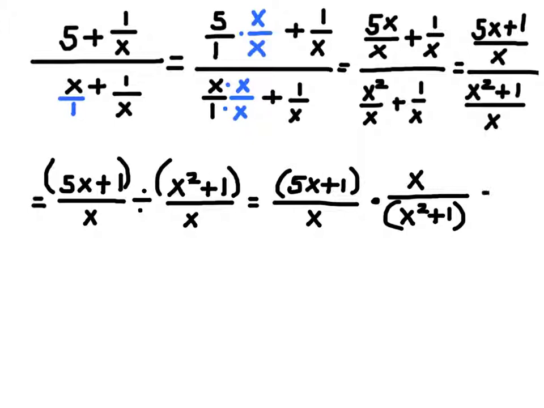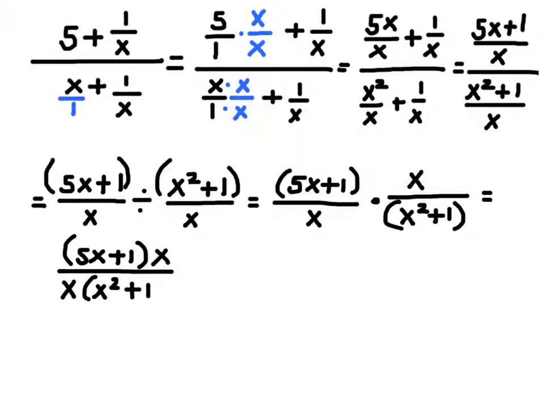And when we multiply this right across, we end up with 5x plus 1 multiplied by x over x times x squared plus 1. And I hope you can see that these are common factors, so we can cancel out these x's. And our final answer is in the numerator, 5x plus 1, and in the denominator, we have x squared plus 1.